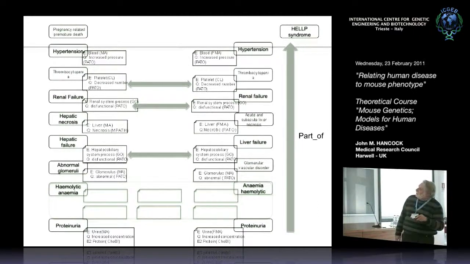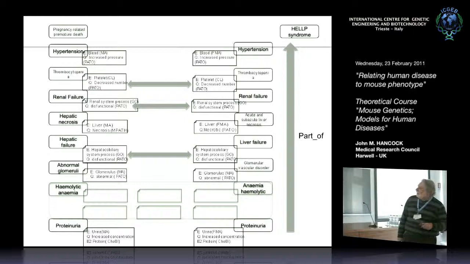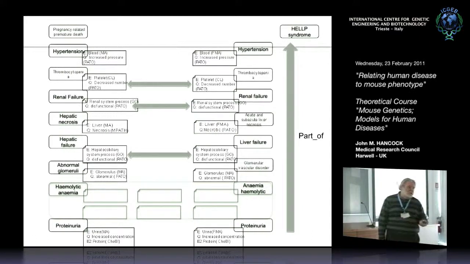On the left-hand side, what Paul's done is put down the mammalian phenotype terms, which may or may not match. And you can see that some of them are the same. So hypertension is a mammalian phenotype. Many of these actually fit quite well. Okay, not the same, but we can see that they're the same. But a computer can't see that's the same because they're not the same words.